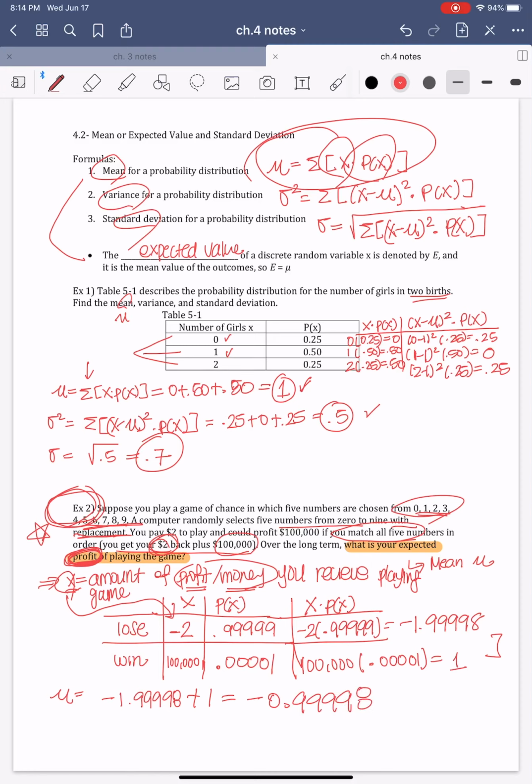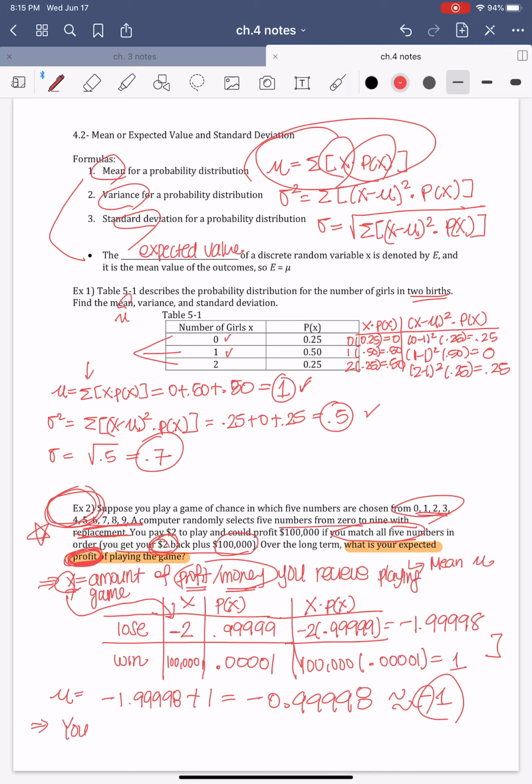So this is close to -1, right? Because we are dealing with money, so 0.99 is rounding to the whole number -1. So that means on average, well, first of all, you have a negative, so you're losing money. On average, you're expected to lose approximately $1 each game you play. So let me write a sentence.